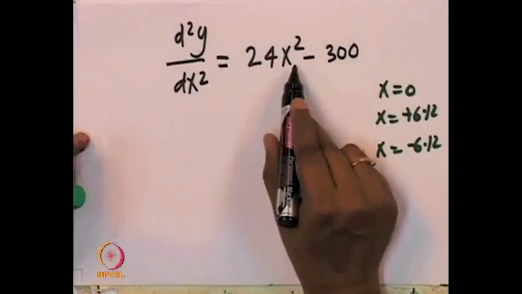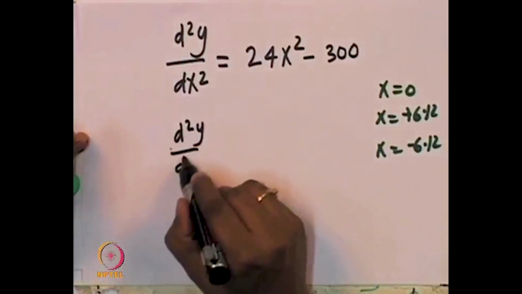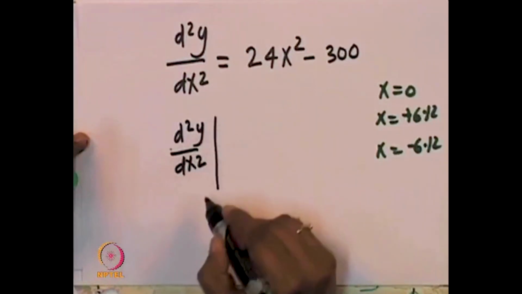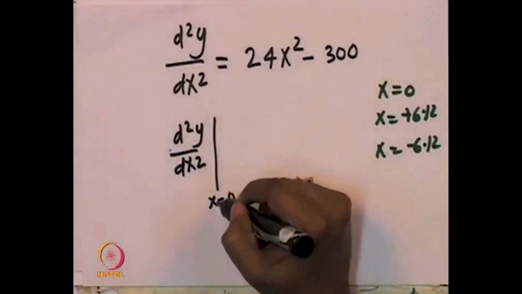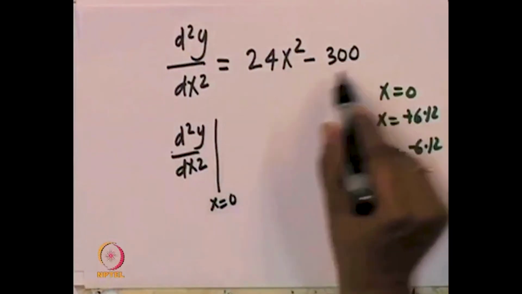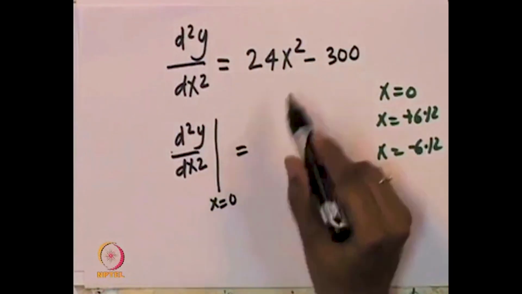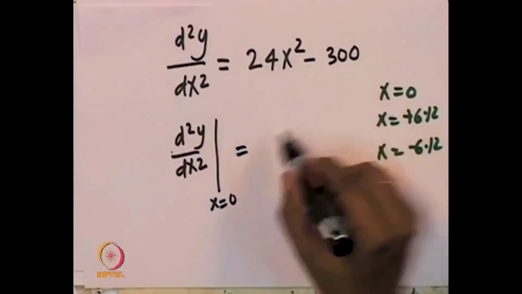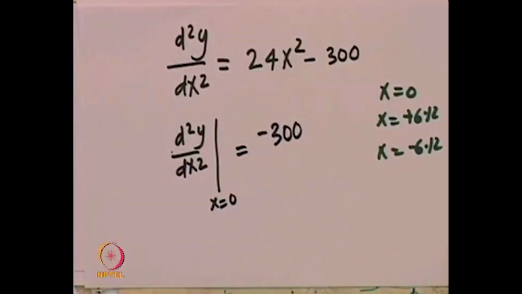If you put x equal to 0, what do you get? d square y by dx square evaluated at x equal to 0. You put x equal to 0 in this, you will get 24 into 0 minus 300. So you have the answer minus 300. So this is a negative.